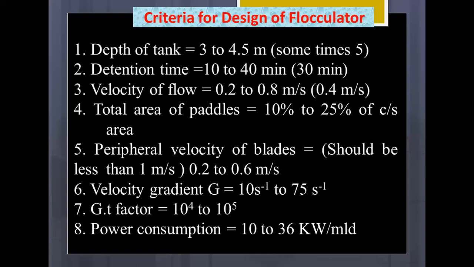Peripheral velocity of blades should be less than 1 meter per second, in the range of 0.2 to 0.6 meter per second. Velocity gradient G is equal to 10 per second to 75 per second. Then Gt factor should be equal to 10 to the power 4 to 10 to the power 5.